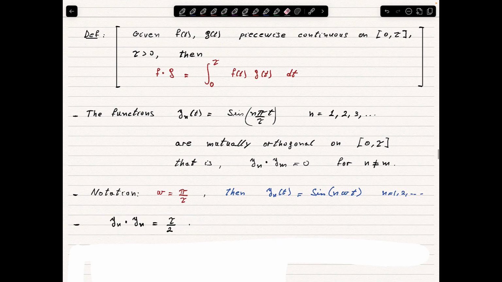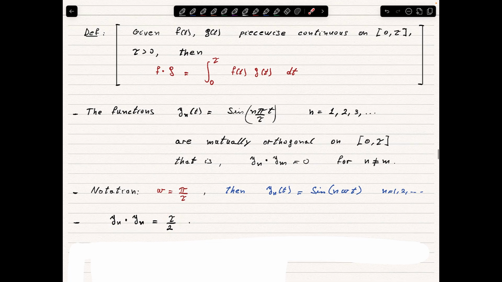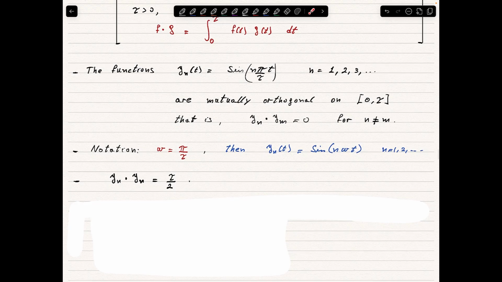So what else? Well, what happens when we do the dot product of one of these functions with itself? Well, it's going to be tau over 2, the same calculation we did in the previous video for the space variable.